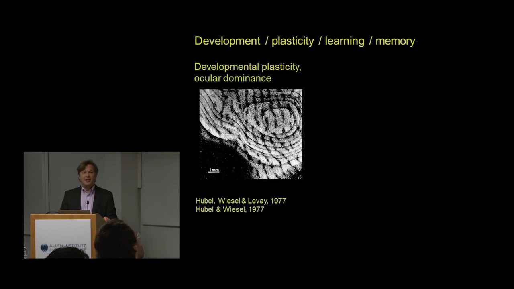This picture here is probably the classic data slide, the classic anatomical slide that people learn in an introductory course on development or neuroscience in general, which shows how if you deprive vision to one eye, the representation of the two eyes on the visual cortex becomes very asymmetrical because of developmental plasticity. And I'll walk you through this slide in 5 minutes or 10 minutes or so.